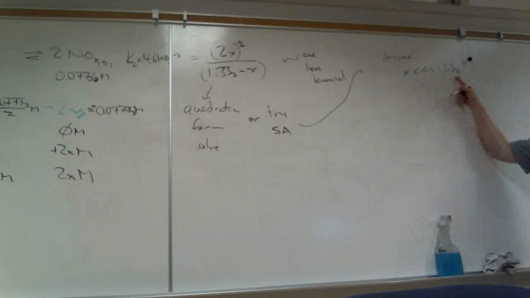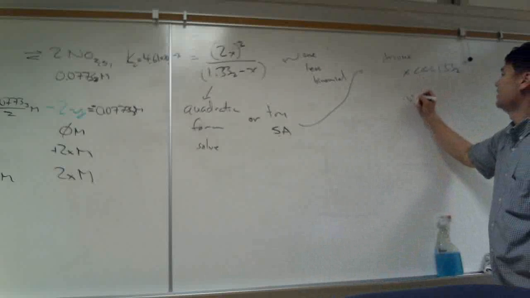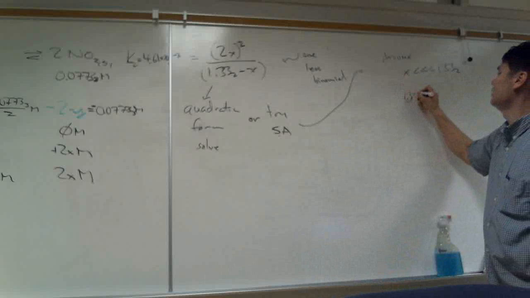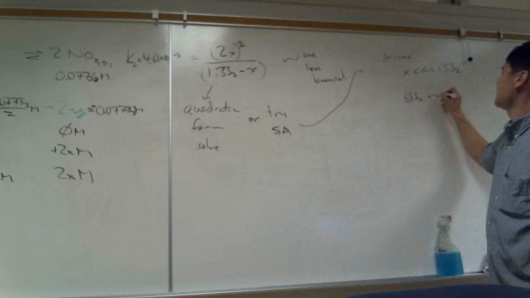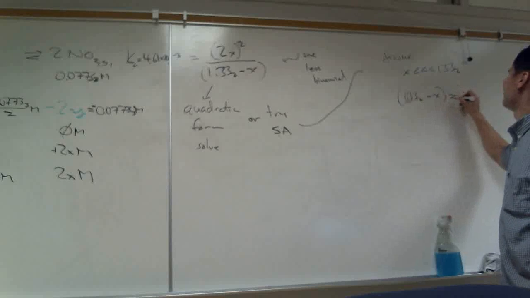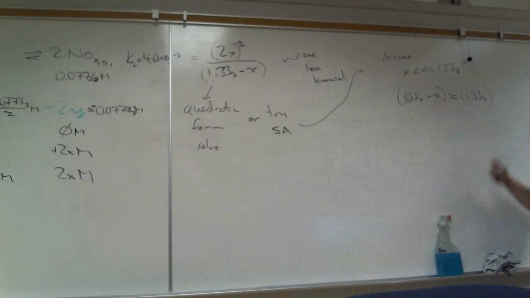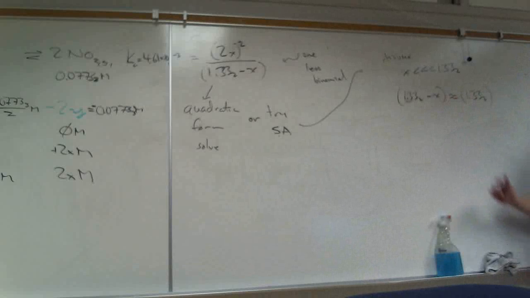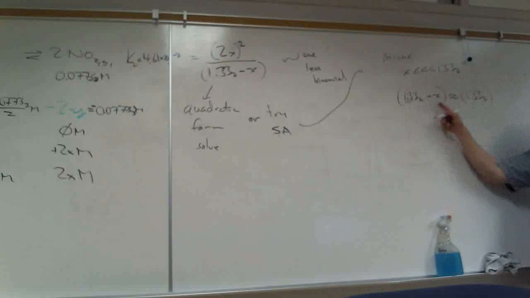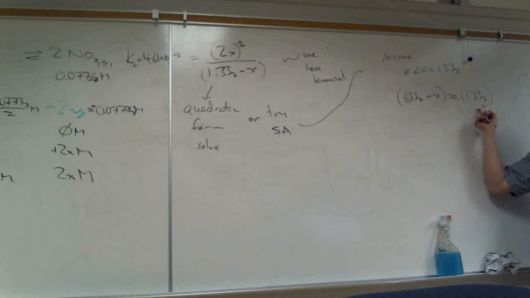If we make this assumption, then 1.332 minus X is about the same thing as 1.332. And so using the simplifying assumption killed off this binomial, and we're just left with 1.332, which makes the math a lot easier.